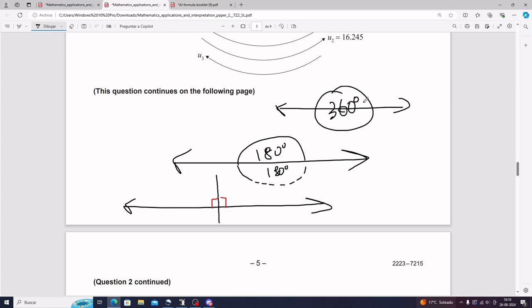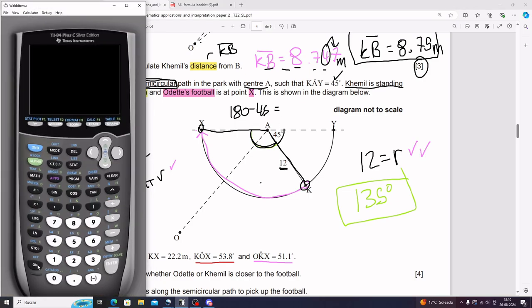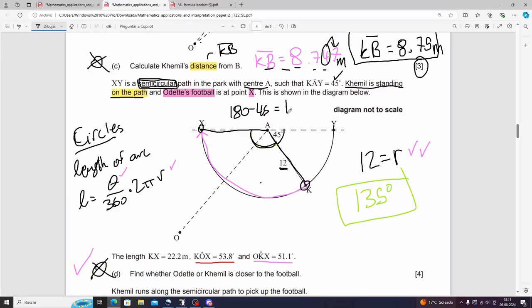So this is common math knowledge that you do need to know: a straight line adds up to 180. And so if this is 45, I can do 180 minus 45 in order to get this guy right here. And 180 minus 45, just so that we all agree, although I'm pretty sure about my math, but let's be honest, anyone in a test puts everything into the calculator, even if it's 2 plus 2. So there it is, 135 degrees.